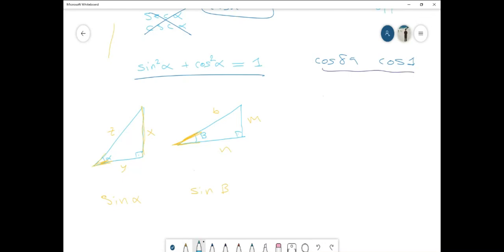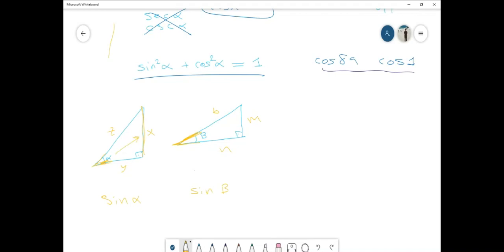As the angle increases, this side also increases, right? When you make the angle bigger, let's make it like this. This is a bigger angle, right?